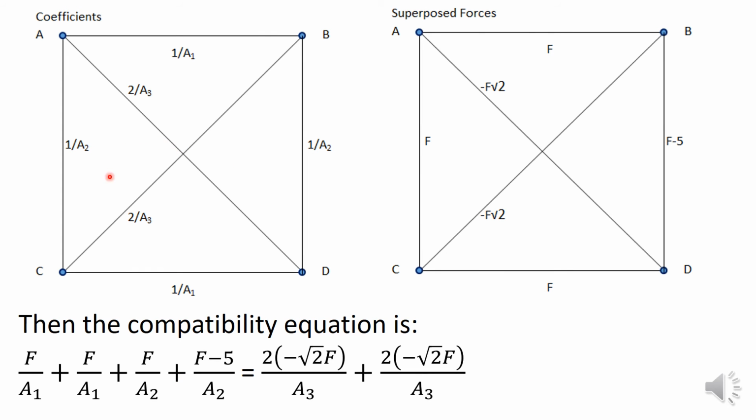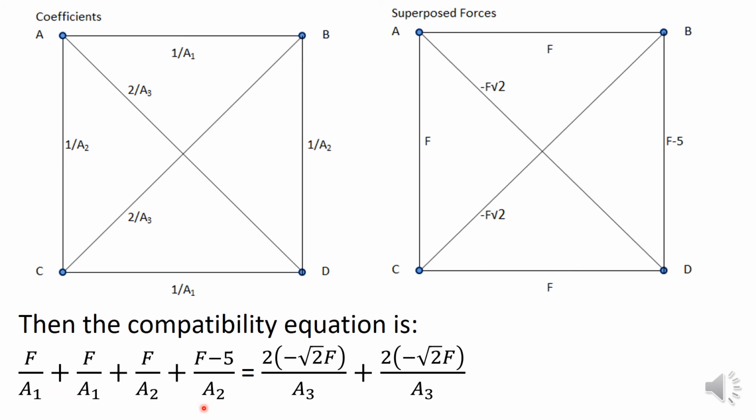So here we have the coefficients and the superposed forces. As we had previously, we only have one load case with the 5 kilonewtons at B. And then we can simply write down the compatibility equation. Remember, it's the coefficient times the force, coefficient times force.